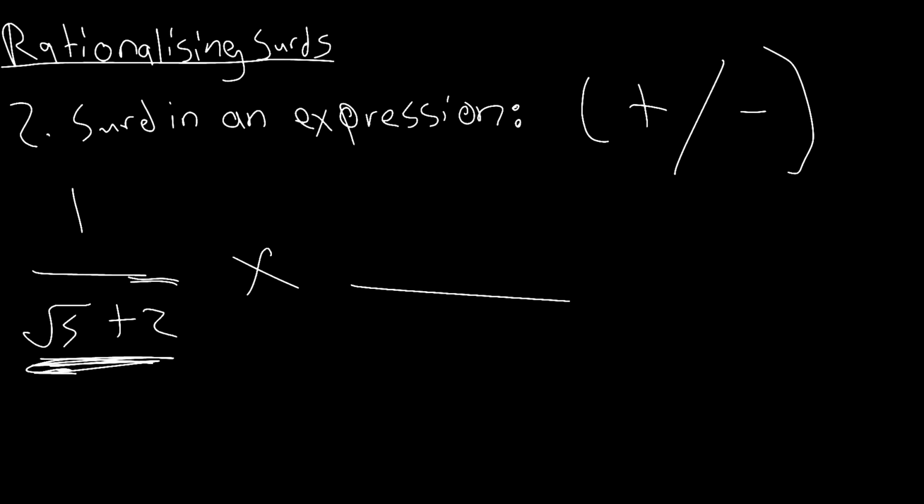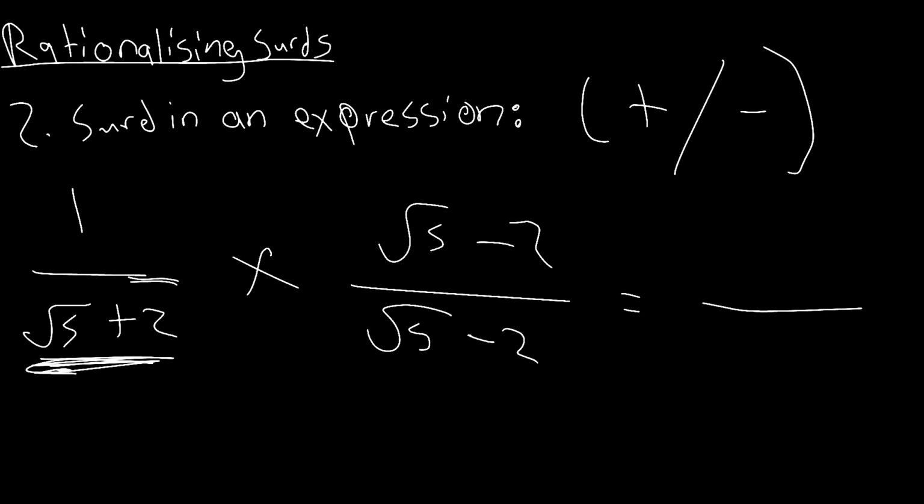So the opposite of a plus is minus. So instead of root 5 plus 2, it would turn into root 5 minus 2. And then at the bottom as well, root 5 minus 2. So the top, 1 times root 5 minus 2, just gives me root 5 minus 2.